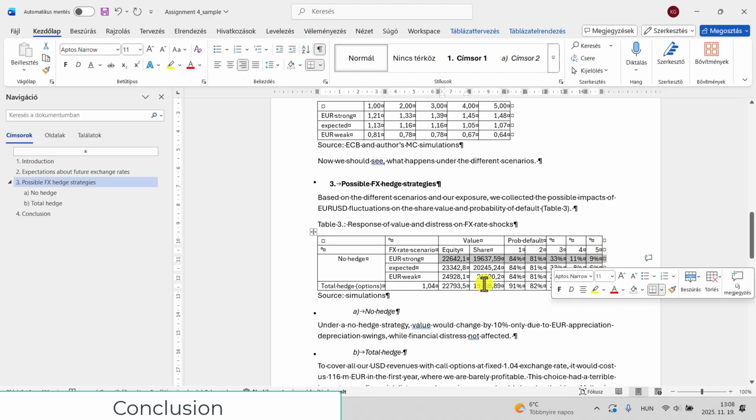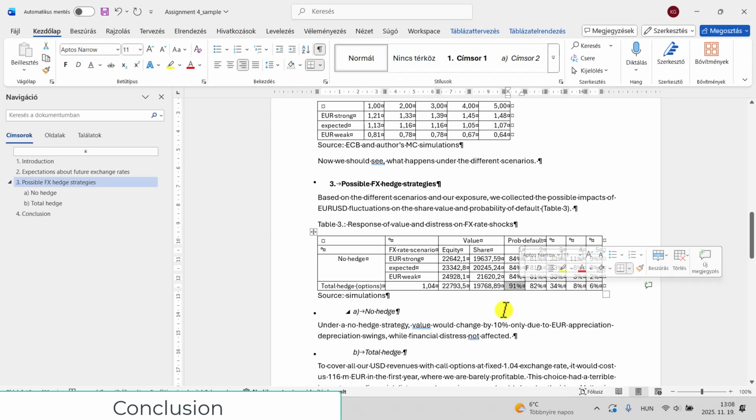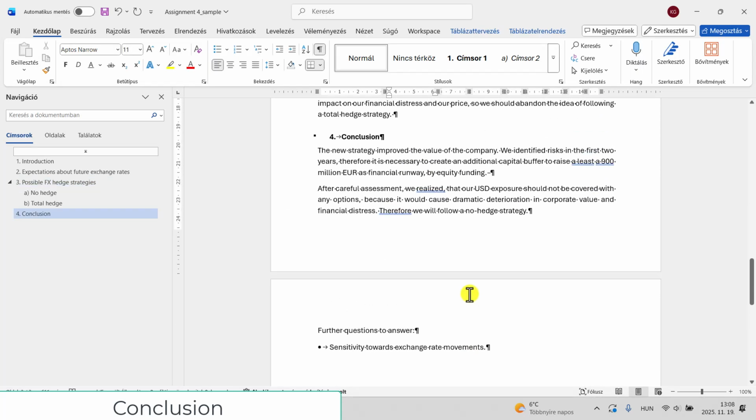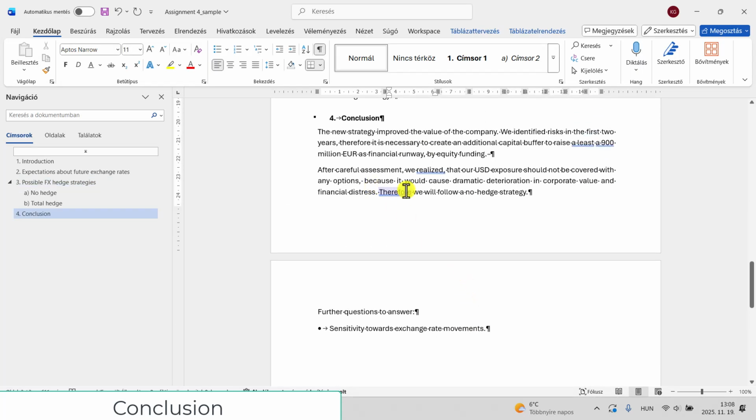That one is more terrible because of the number here. So we should not do this. We just have better scenarios compared to the total hedge case, even under really strong exchange rate movements. So therefore, we will follow a no hedge strategy.